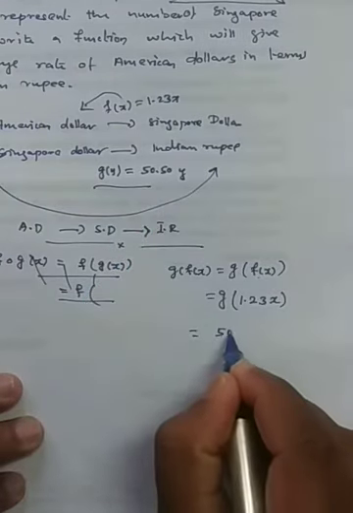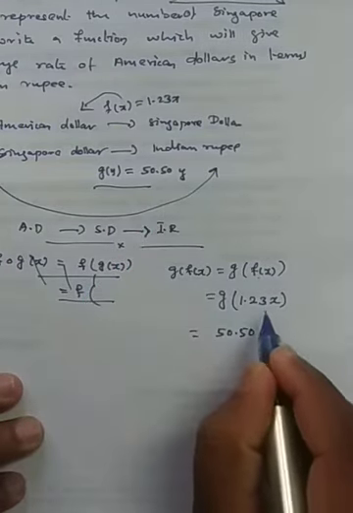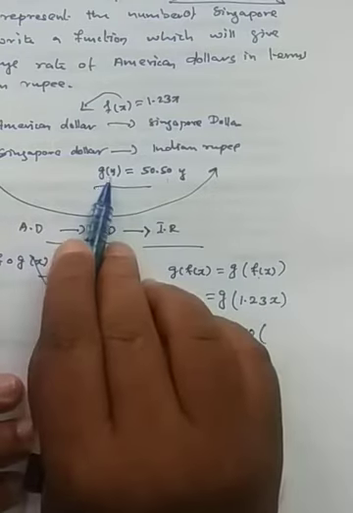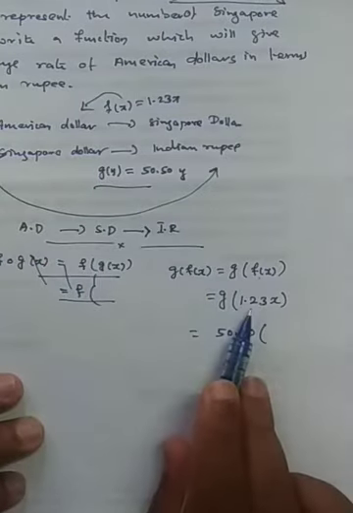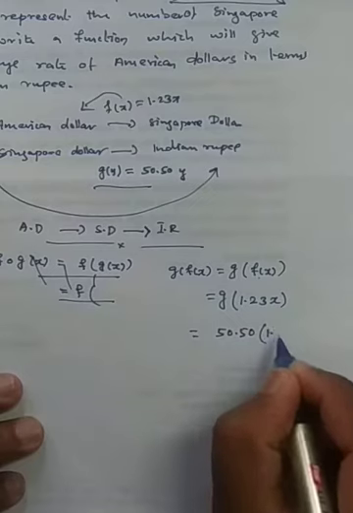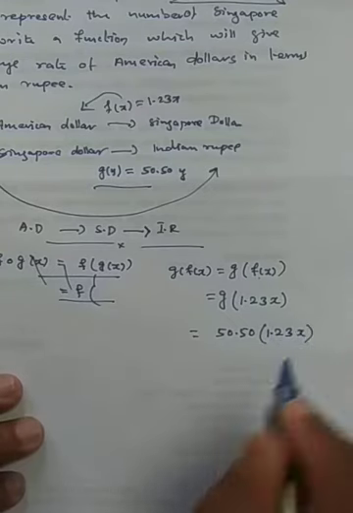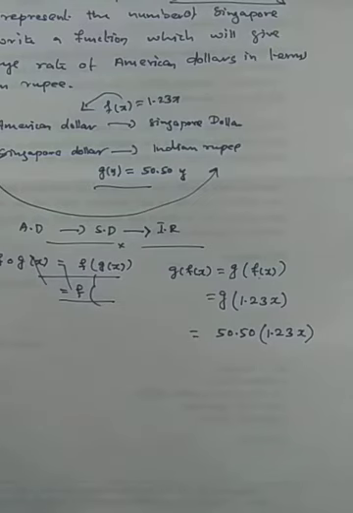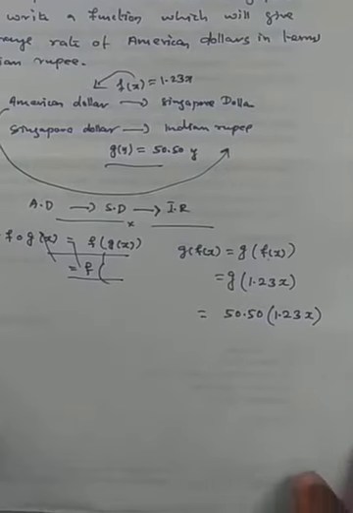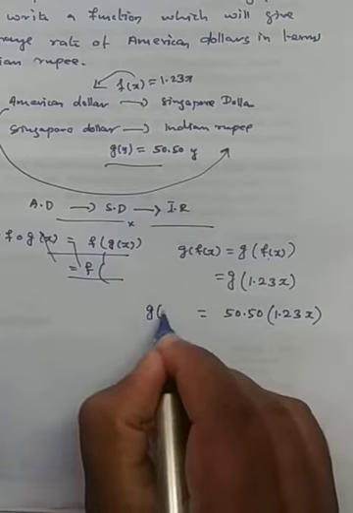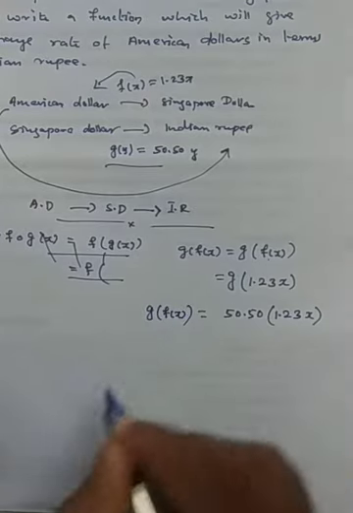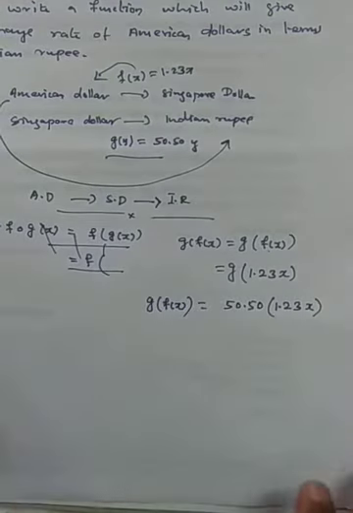So 50.50 into y. In place of y, here y is there, but in place of here y, 1.23x is there, so 1.23x you write. So in this way we are getting this one. This is the g of f of x, isn't it? Now you just multiply and write the value.